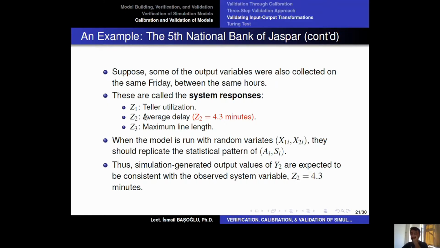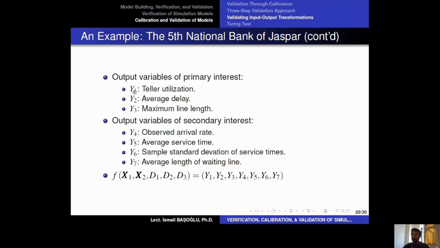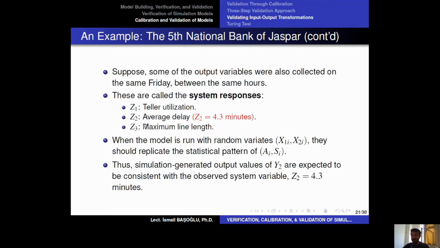We have also collected the average waiting time in the queue, which is 4.3 minutes. And the maximum line length is also collected. So for every output variable, Y1, Y2, and Y3, we have also collected Z1, Z2, and Z3. So these are the system responses collected from the original data.